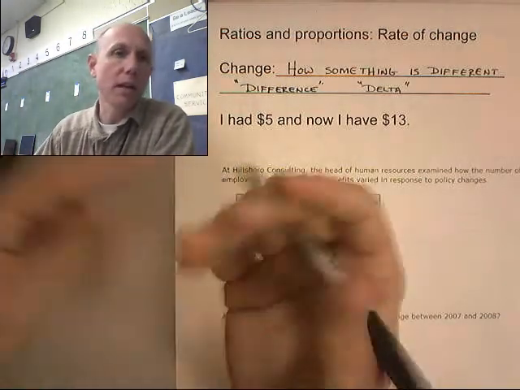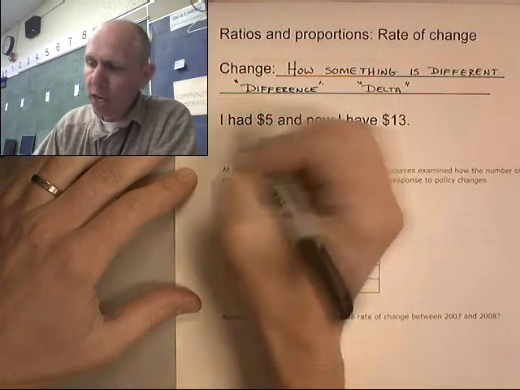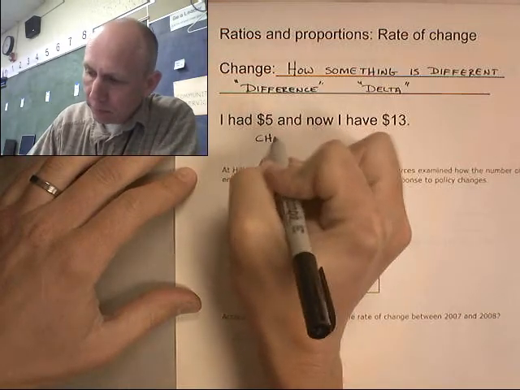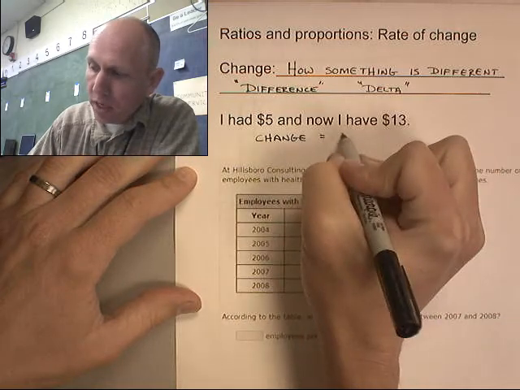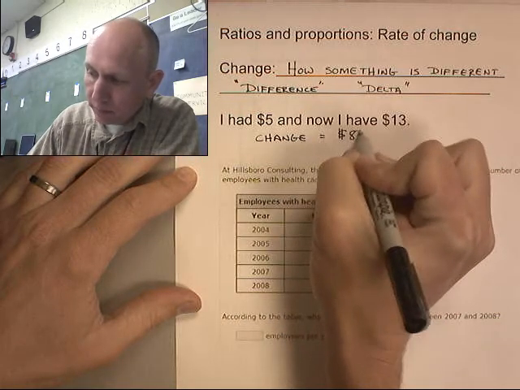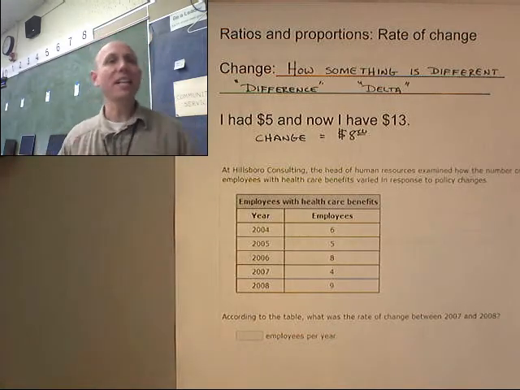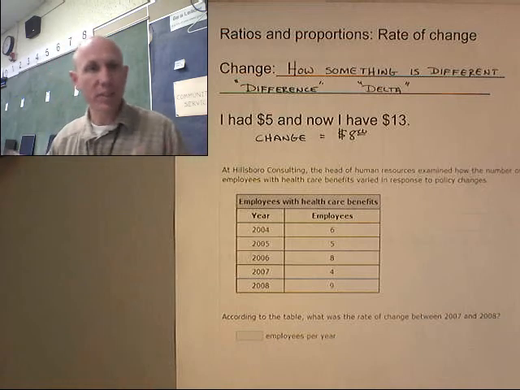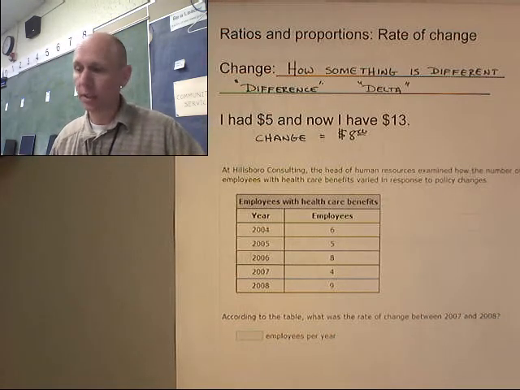Now I have $13. So how did it change? The change here is a change of $8. That's the idea of change, or the difference. What's the difference between those two numbers? It's a subtraction problem, isn't it?